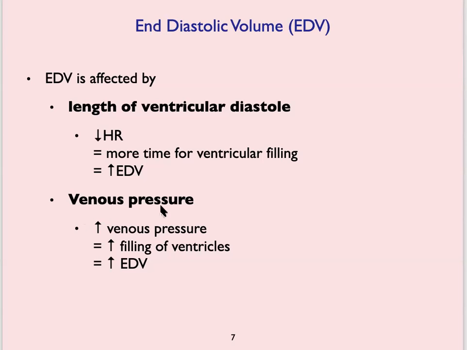In terms of how venous pressure affects end-diastolic volume, when we increase the venous pressure, it increases the pressure gradient between our superior and inferior vena cava and our heart chambers. That greater pressure gradient pushes blood into the ventricles, which increases the venous return to the ventricles and thereby increases the end-diastolic volume.